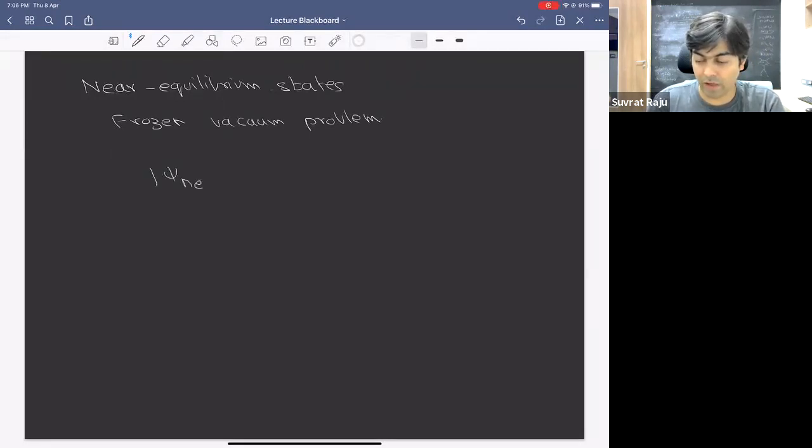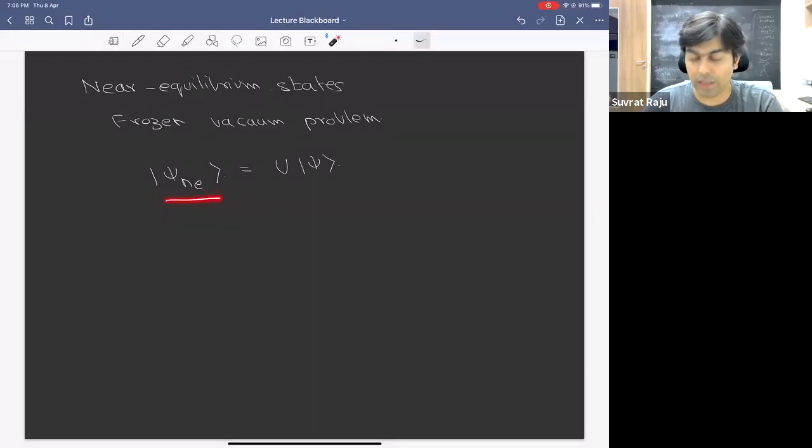Let's call psi ne, where ne stands for near equilibrium, this a unitary operator acting on the state psi. This unitary operator is something that might well belong to the set of simple operators, or might be very well approximated by something that lives in the simple operators. It might just be a simple unitary, maybe e to the i (a omega dagger plus a omega), something that just creates some small coherent excitation on top of the state psi.